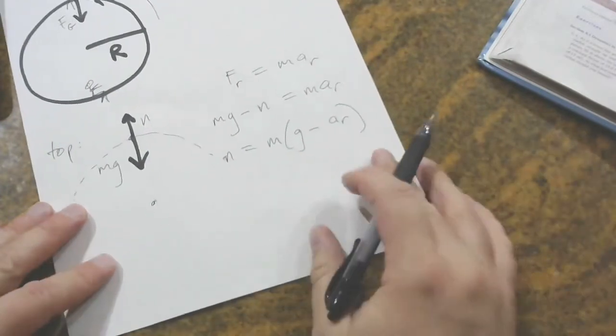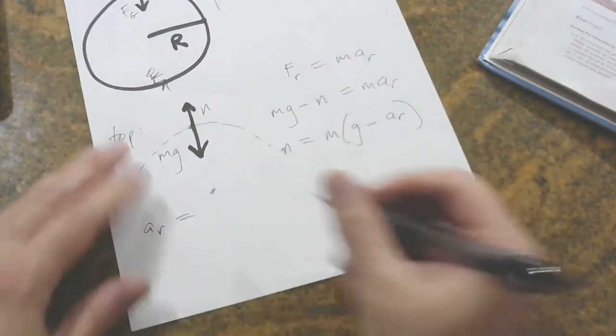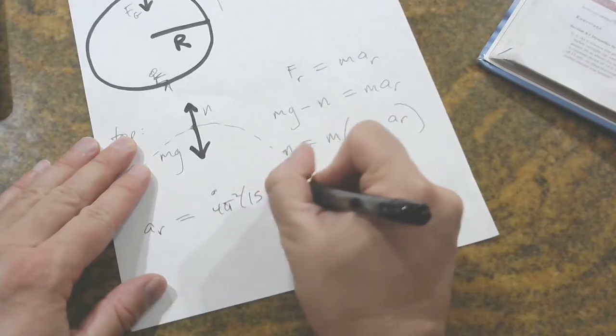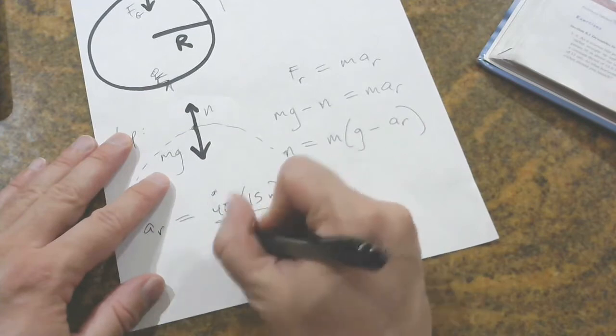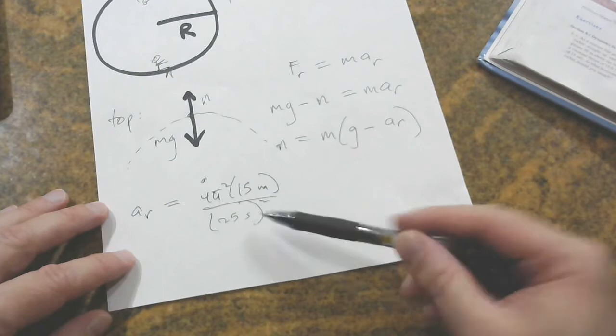And I'm going to do this a slightly different way from the way your solutions manual does it. Watch this. The centripetal acceleration is 4 pi squared times the radius of 15 meters divided by 25 seconds squared. And we can see the units come out right, meters per second squared.